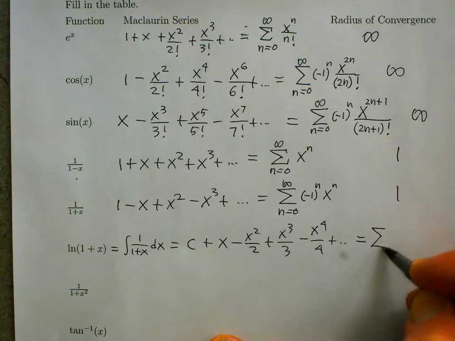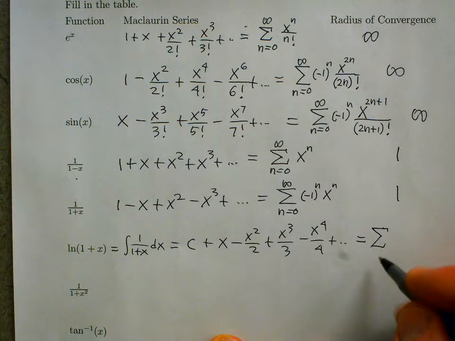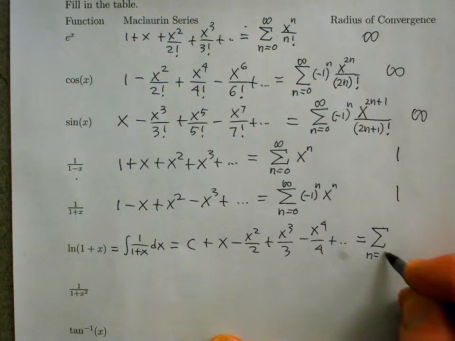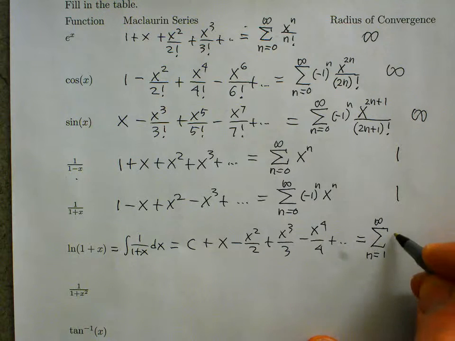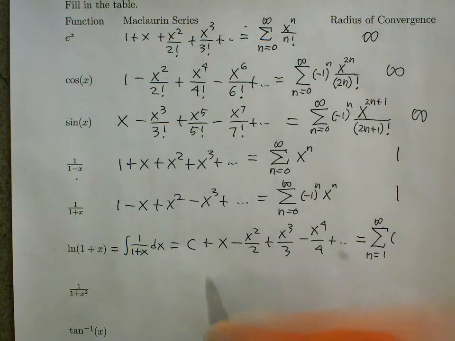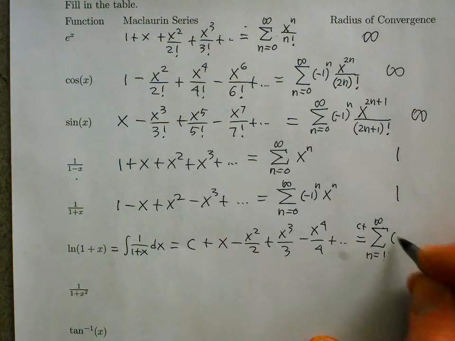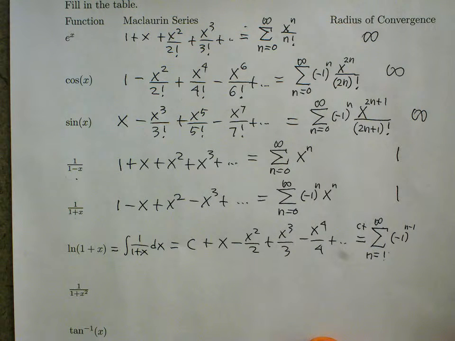So in sigma notation, let's start this one at n equals 1. There's a c plus that comes out, c plus the sigma notation. So if we start the series at n equals 1, we have negative 1 to the n minus 1 times x to the n over n.